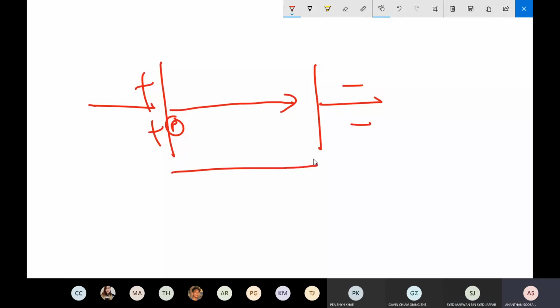This is the distance travelled, d. The proton starts from rest and accelerates. Tell me how the graph looks if you plot a graph of V versus D, where D is the distance from the positive plate. When the proton is moving from the positive plate for a distance of D, how does the velocity change? How does the graph look?